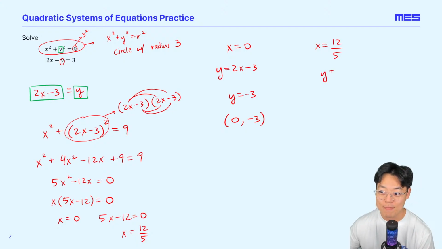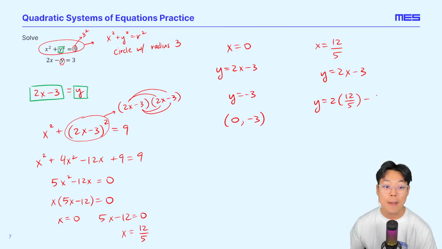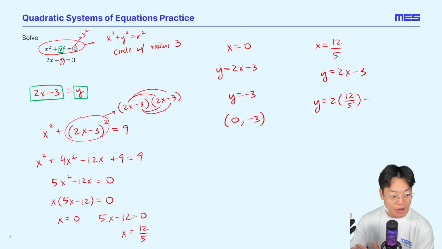I can do the same for y equals 2x minus 3 here, so I have y equals 2 times 12 over 5 minus 3. But now I'm staying aware and trying to not do too many steps in one step, but also do the steps that I know that I can do between two steps.